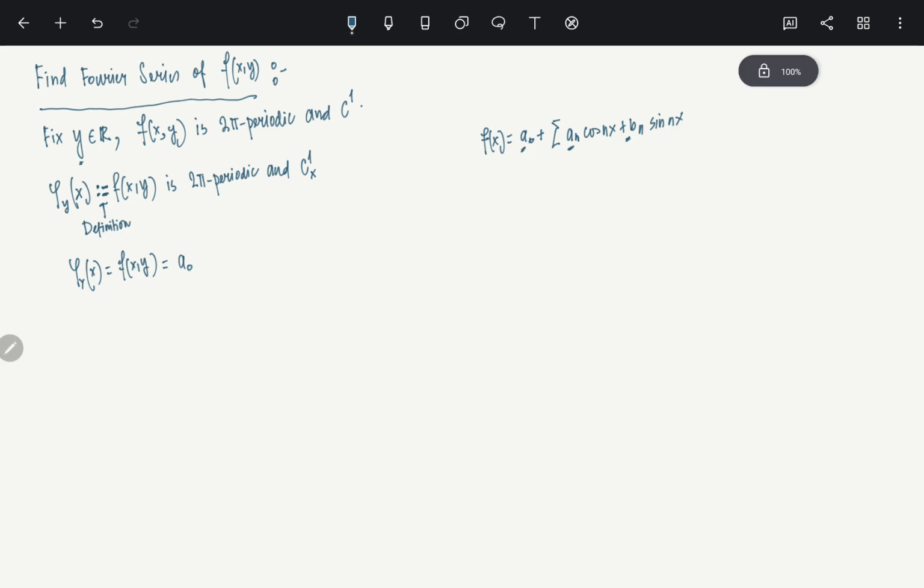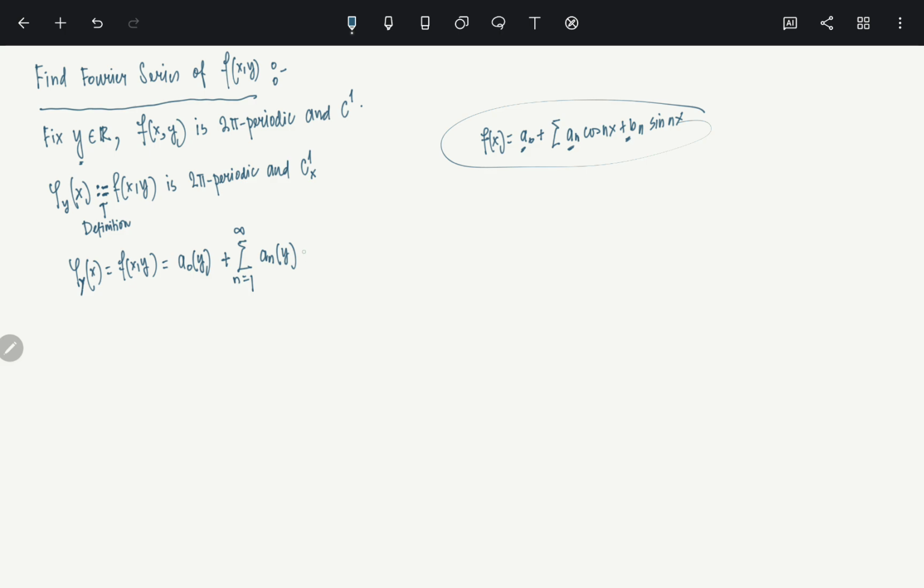Now this is just a function of one variable. Now if I want to put it here, this a naught which I am writing should depend on y, because this is for one fixed y. So if I run y, that a naught will change according to y. So a naught is a function of y in this case, so we will write it like this. Yes, plus summation n equals 1 to infinity. Now this a n will again be a function of y, not a function of x, remember, because we are talking about the Fourier series with respect to x.